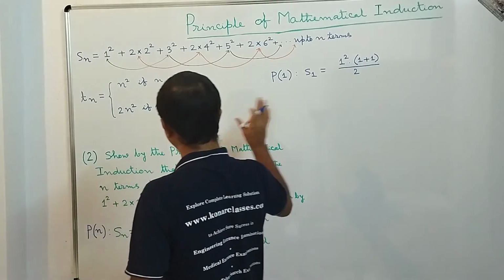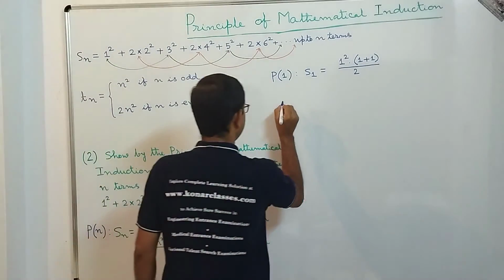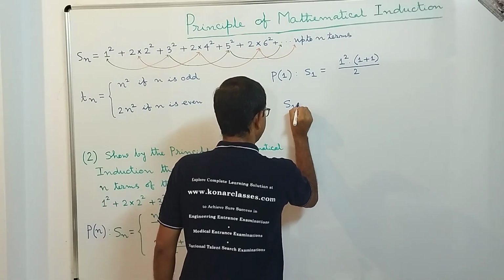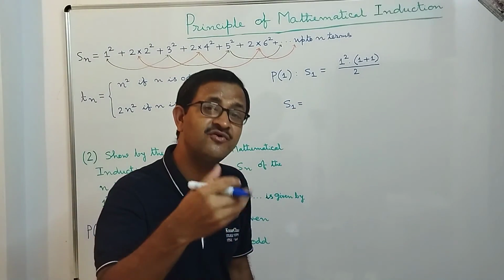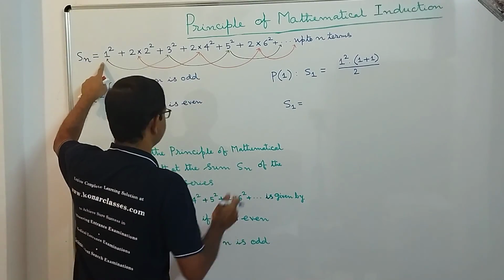Let's see whether P1 is true or not. What is S1, dear students? S1 means the sum up to the first term, that means it is the first term only, that is 1 square.